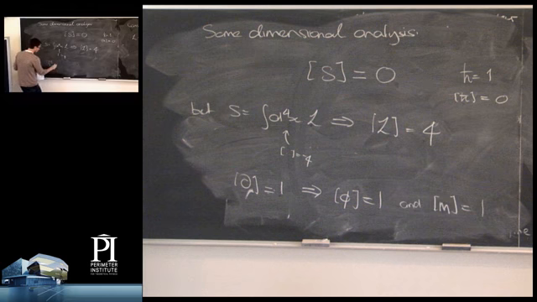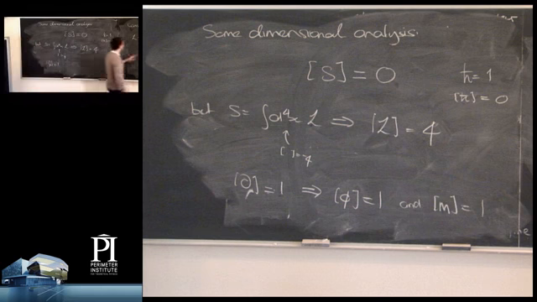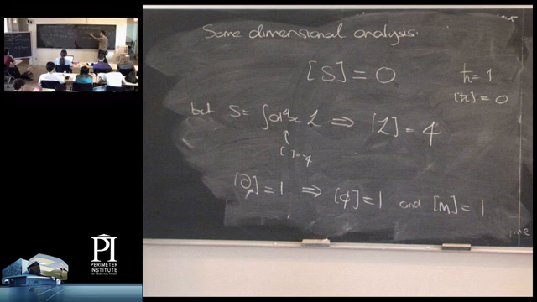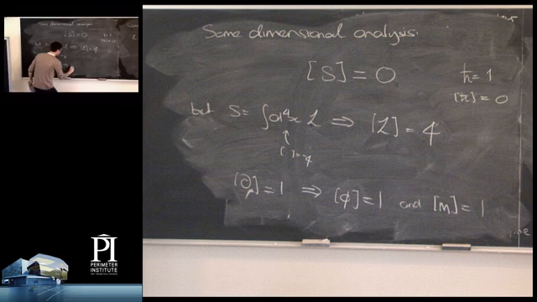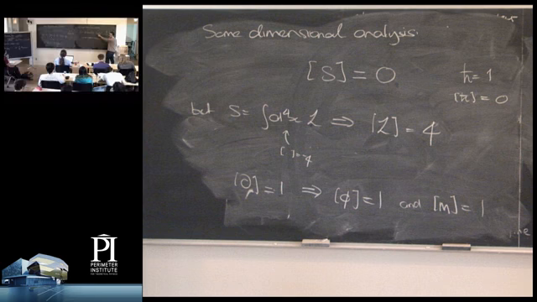The derivatives have dimensions of 1 over space, which is mass dimension 1. So here we have 2 derivatives and 2 phi's, which means the dimension of phi also has to be 1. But if the dimension of phi is 1, then here we've got an m squared, which means the dimension of m also has to be 1. So this adds up to 4.